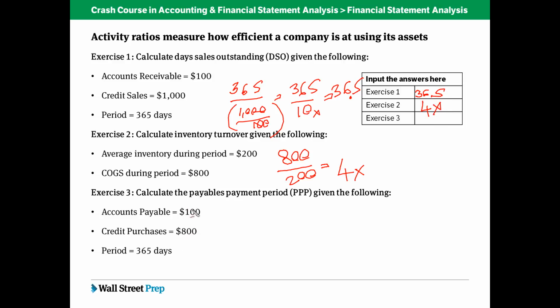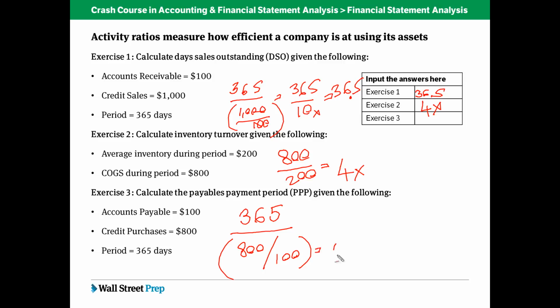Next, calculate the payables payment period given the following information. So this is like the DSO calculation. We have 365 days. We have 800 in credit purchases that we bought from vendors. And we've got $100 in accounts payable.